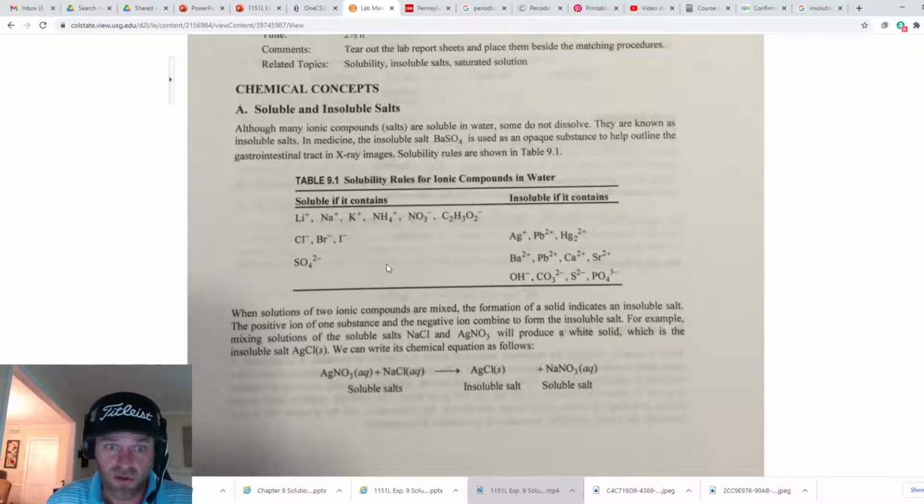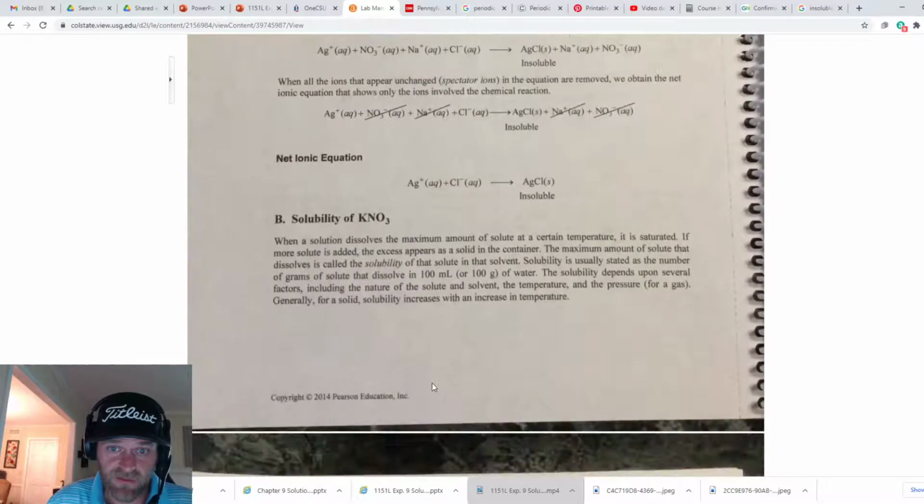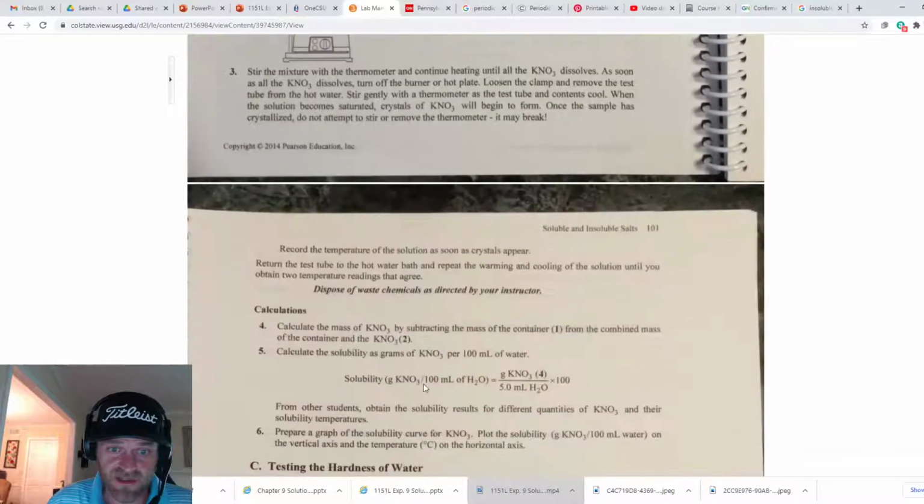So the other one is sulfate is soluble except when it is combined with barium, lead, calcium, or strontium. So I'm not combining with any one of those. This actually looks like both of these are insoluble.